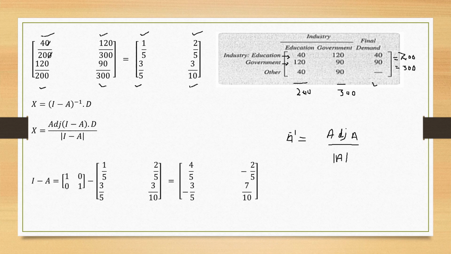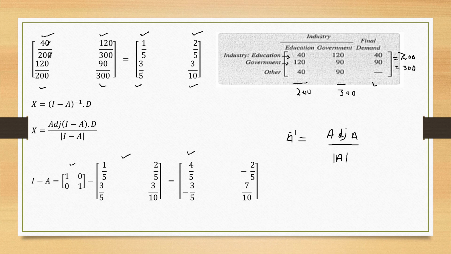First of all we need to find I minus A. Here is the 2 by 2 identity matrix minus matrix A. Subtract corresponding elements: 1 minus 1 by 5 gives 4 by 5.